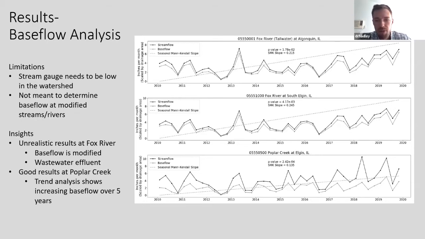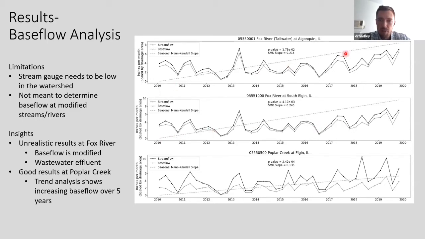But the results that we got at Poplar Creek are actually quite good and very realistic. The reason that worked is because that stream gauge is located at the low end of the watershed, and it's not a heavily modified system either. These trend lines here are from the seasonal Mann-Kendall test that we did.